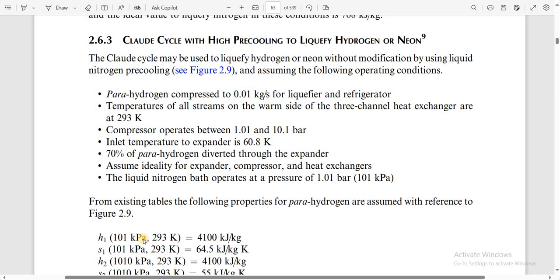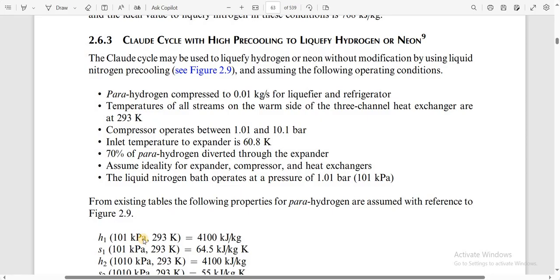So one is para hydrogen. There are three types of hydrogen to my knowledge, but you can check that out. Para hydrogen compressed at 0.01 kg per second for liquefier and refrigerator.